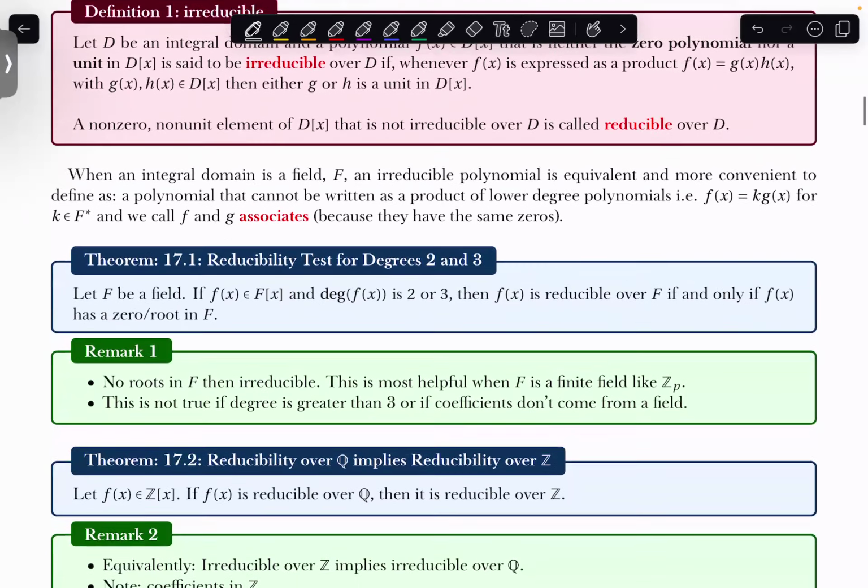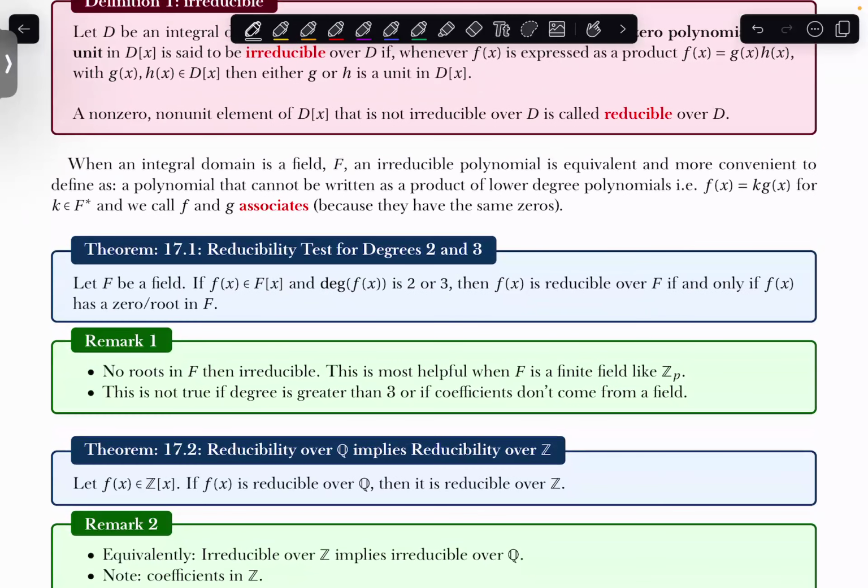But we did have our irreducibility tests for degree 2 or 3. This is our nicest case, when our coefficients come from a field and our polynomial has degree 2 or 3. We looked through the proof, and really what we were able to say is if it was able to be factored, then you'd have to have a linear term show up.